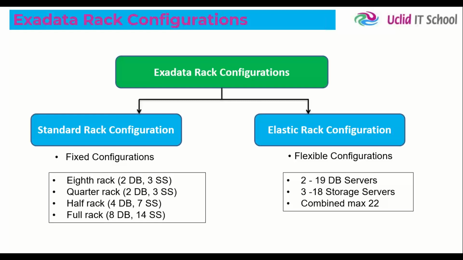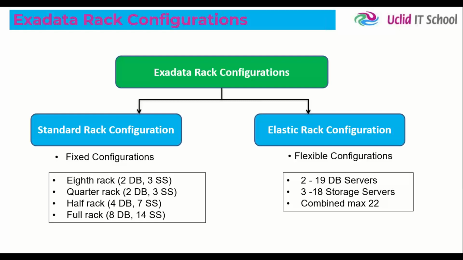Now, that is the standard configuration. In the initial versions of Exadata up to X4, that is the fifth version, actually, technically, it is the fifth version, we had only standard rack configurations. Later, Oracle introduced elastic rack configurations because many customers demanded flexibility.